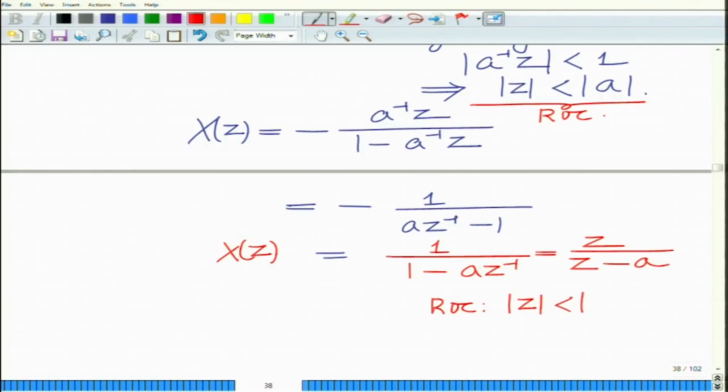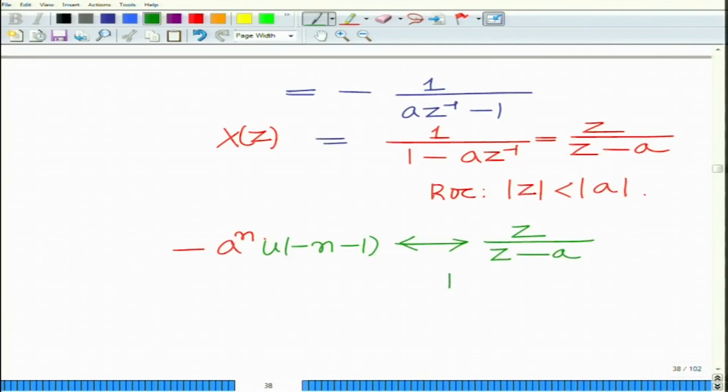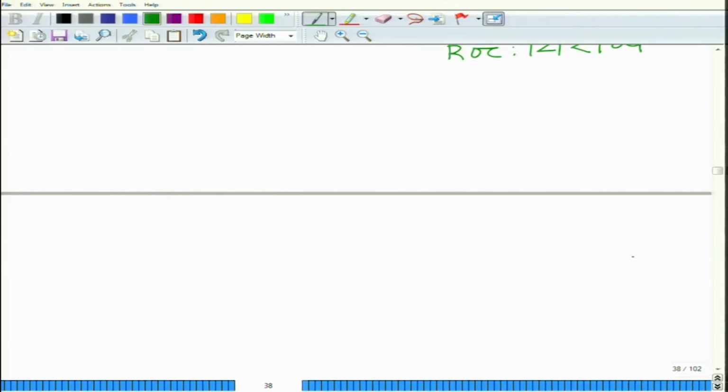For this signal, x[n] equals minus a raised to the power of n u[-n-1], also has the z transform z over z minus a, but the ROC is magnitude z less than magnitude a, and therefore, the ROC of this left handed signal is magnitude z less than magnitude a.